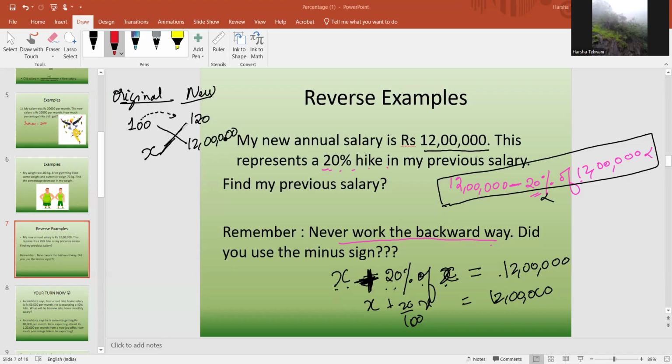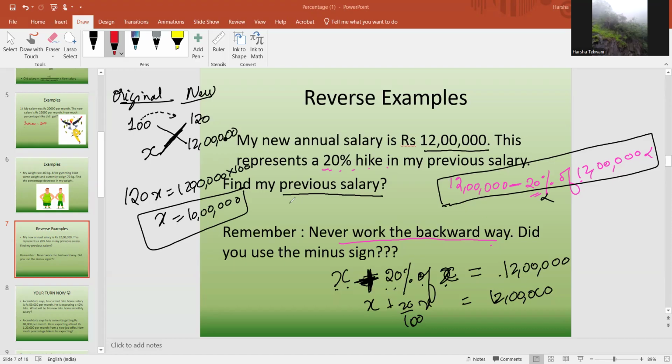Cross multiply. This is direct proportion. 120x is equal to 12 lakh into 100. Therefore, x is 12 lakh into 100 upon 120. You get 10 lakh. Everybody enjoys the 100 method. So whatever is the question asked, you assume that thing to start with 100.